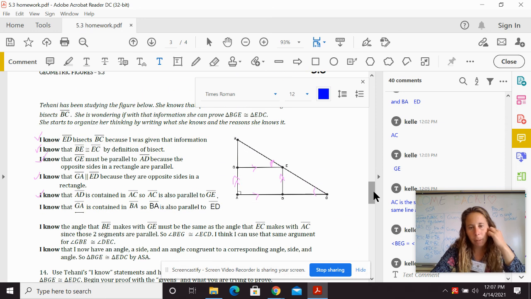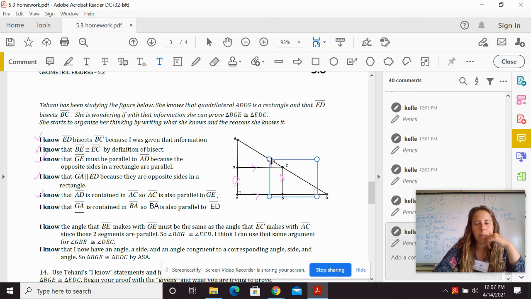There's another corresponding angle, though. Can anyone tell me what the other two corresponding angles are? Ha! You can't. I'm a recording. I have another set of parallel lines. So this line, ED, is parallel to AB, and they're also cut by this transversal.